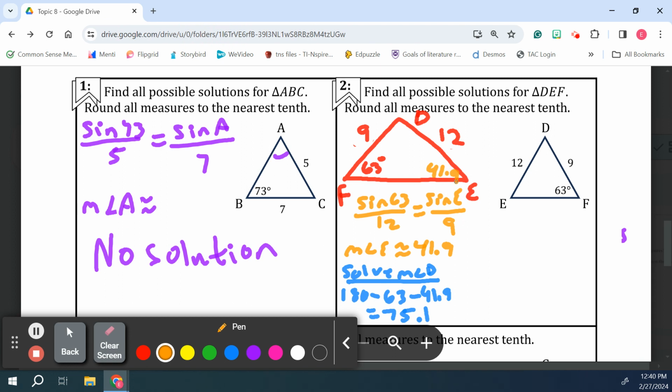All right, listen up. This is where things start to get weird. And this is why I didn't really want to redraw them, but it's kind of necessary to solve the problem. I promise you'll have more space for number 3 and 4. Now, the ambiguous case means that we can potentially have more than one triangle here.